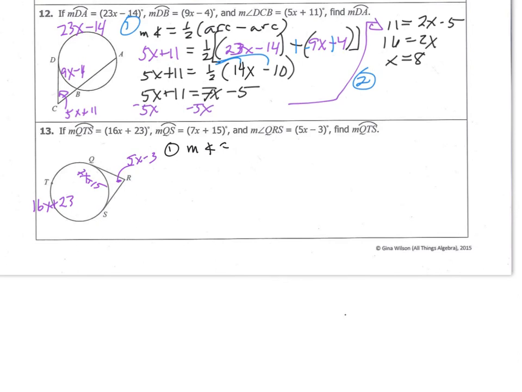Then you're going to plug back in to find DB is equal to 9x minus 4. You're going to plug in the 8 that you just found. And so you get 9 times 8 is 72, minus 4 is 68 degrees.